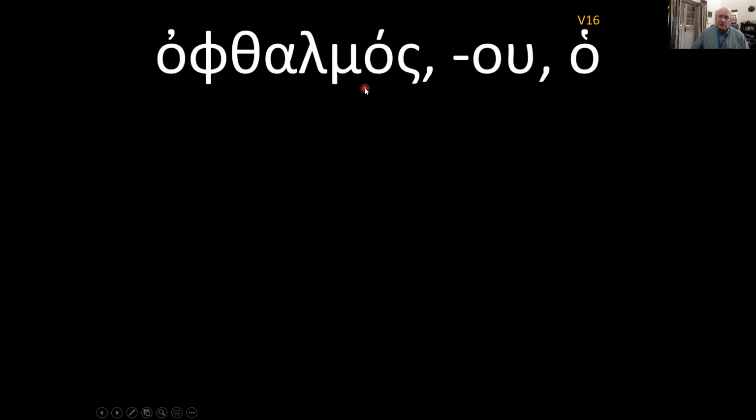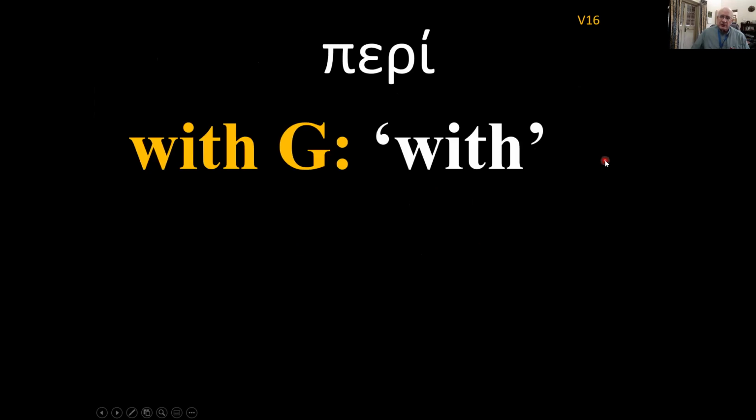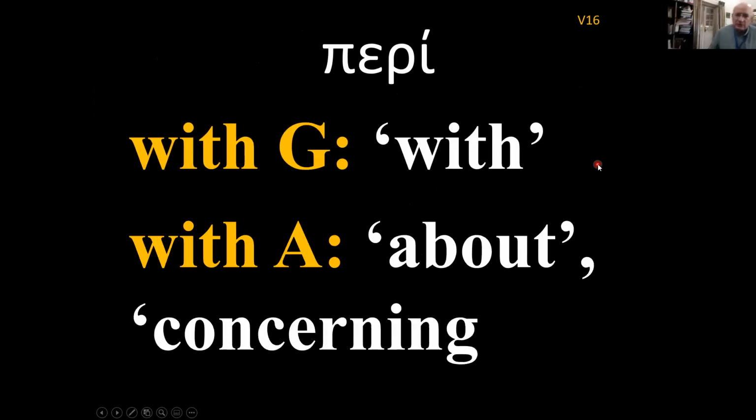Ophthalmos, a masculine word like logos, ends in os, the genitive ou, ho. Peri is another preposition where the genitive means about or concerning it. Peri is around, basically. So the perimeter around the space. Peri, with the accusative, concerning, about.